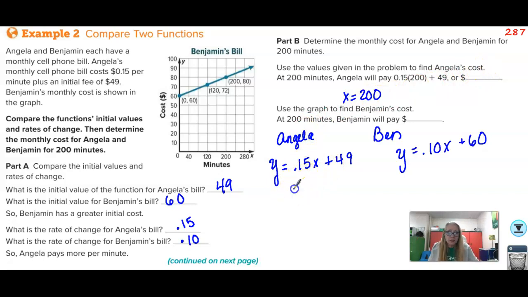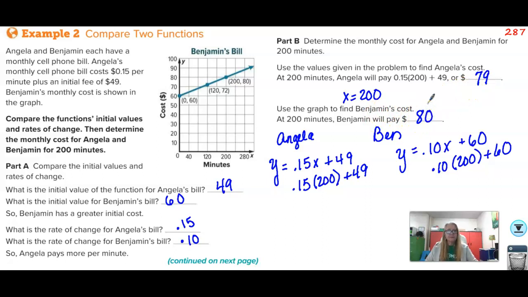We substitute 200 minutes: 0.15 times 200 plus 49, and over here 0.10 times 200 plus 60. When we do the math, Angela would pay $79 and Benjamin would pay $80.